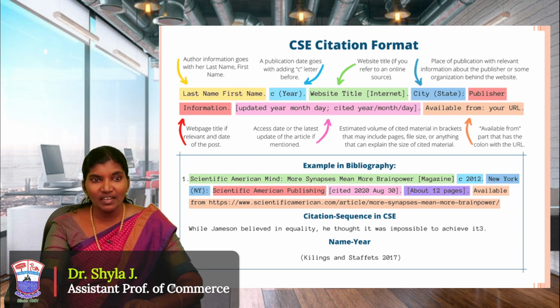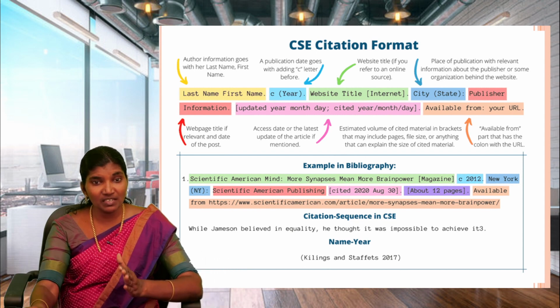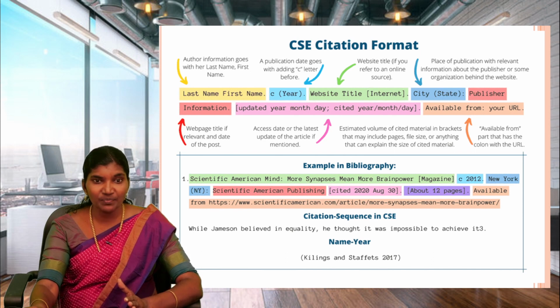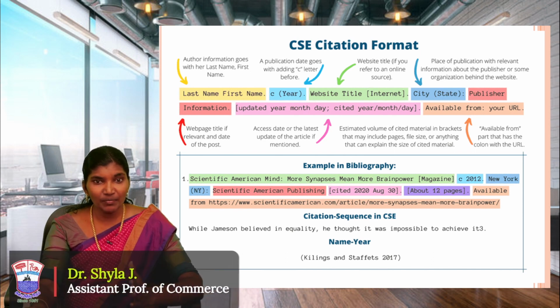You can see the last name, first name, but the year we have to write starting with the letter C. The C denotes the copyright date, added before the year, and the website title you can include, and the state name, the publisher's name, and the updated year, month, date, everything you can include in this format.